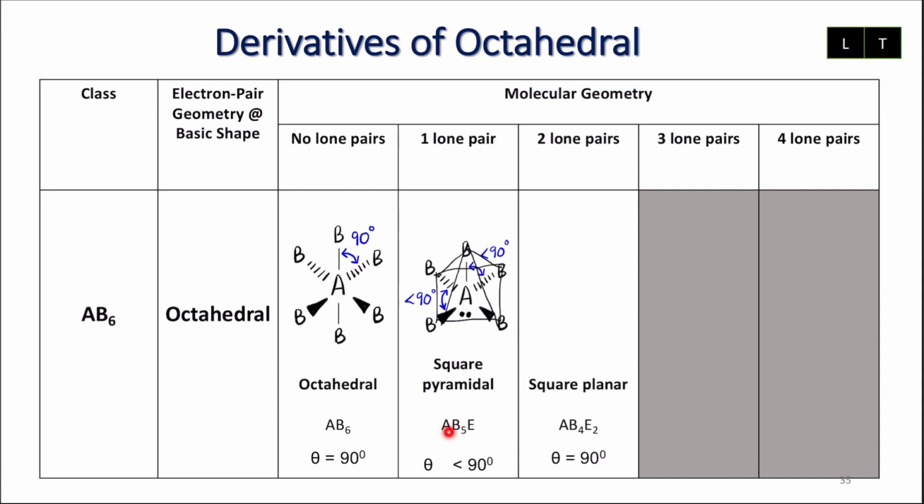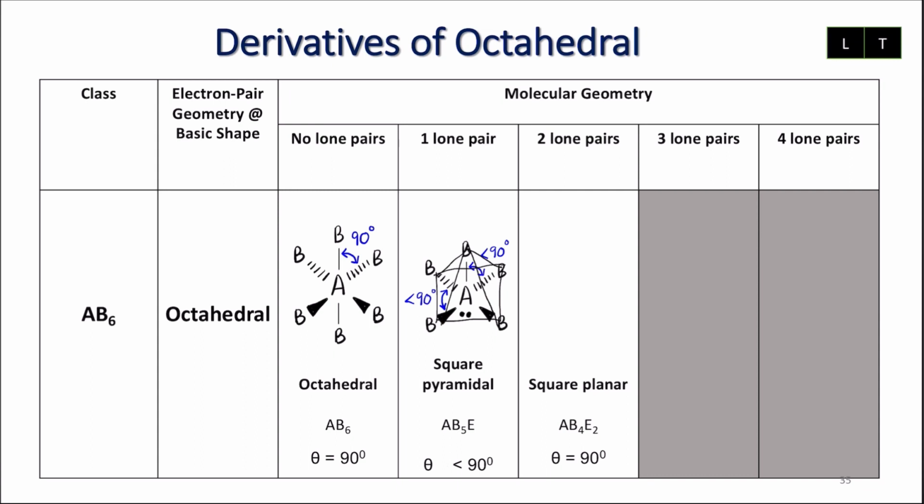The class will be AB5E because right now you have 5 bonding pairs and 1 lone pair. And the bond angle between two bonding pairs is less than 90 degree because the repulsive force between lone pair and bonding pair will push the bond angle to make it much smaller than usual.